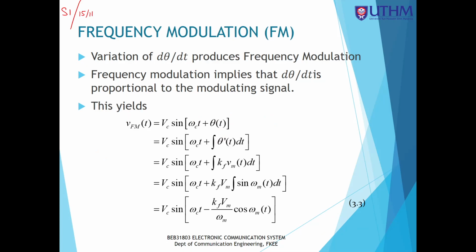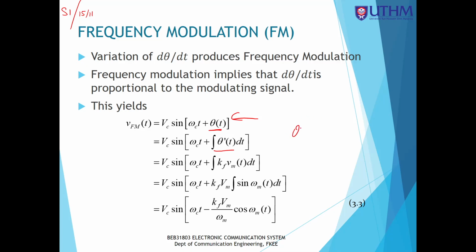Then we can also find the frequency modulation equation. Given the general equation of angle modulation, Vc sine (omega c t plus theta t), we can replace theta t with the integral of theta prime t.